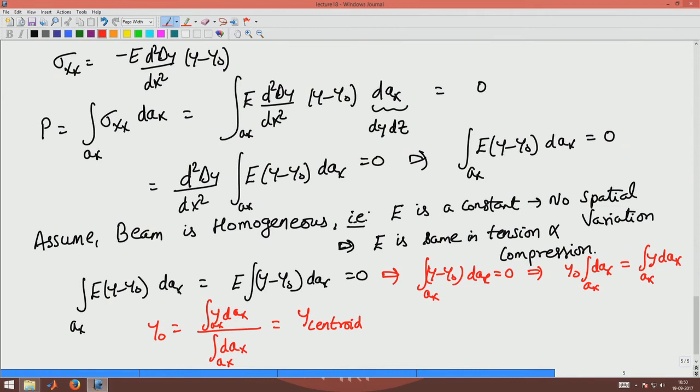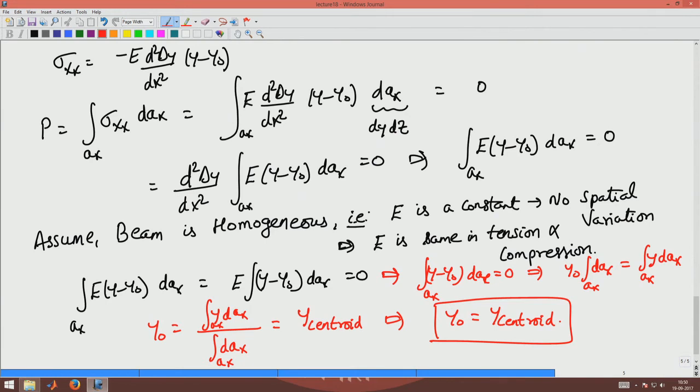So, y naught is equal to y centroid of the cross section.